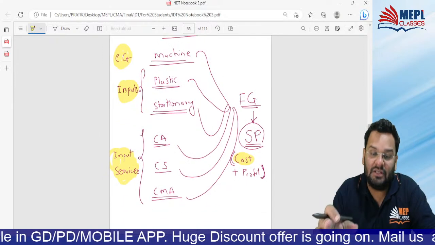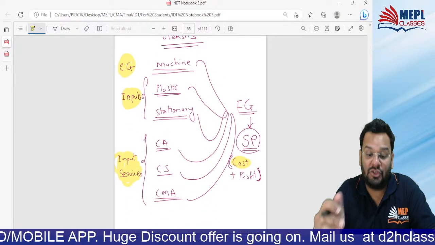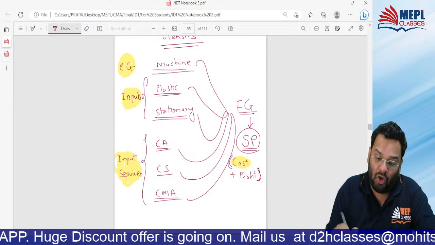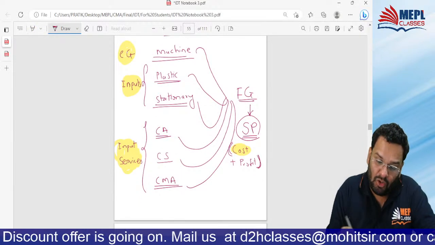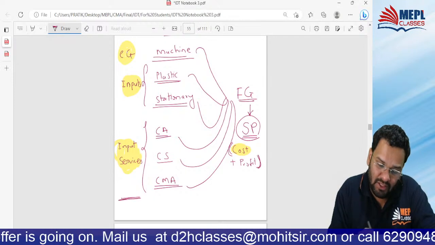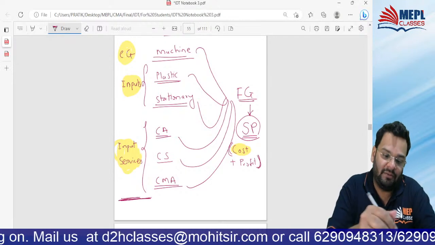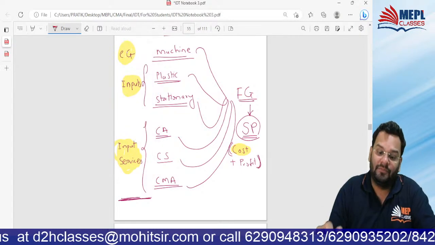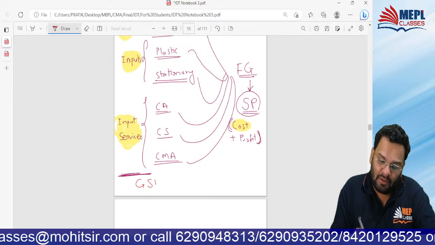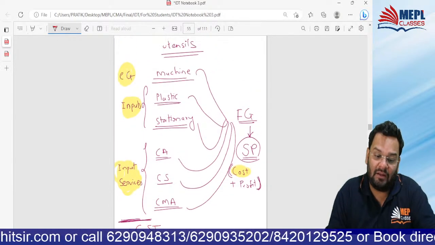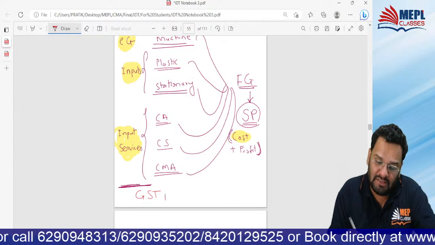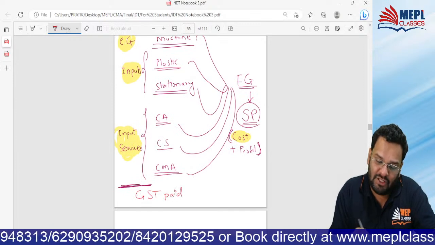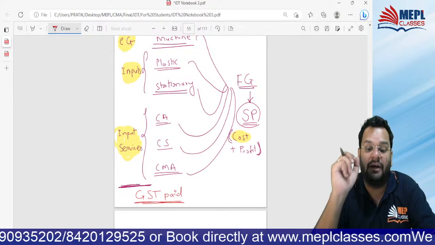Now on this CG, inputs, and input services, the common thing is that GST is paid. Agreed? They are all GST paid.